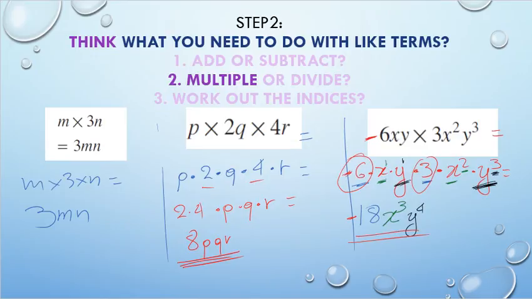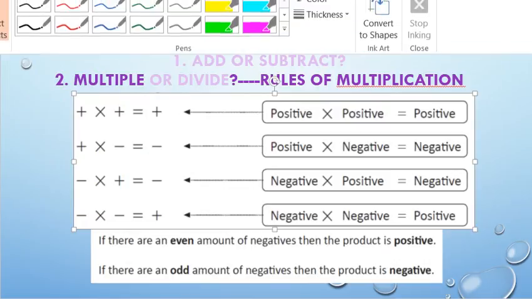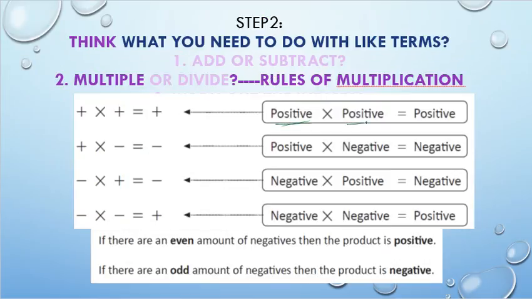The multiplication rules we have learned last year, and which are these? When they are the same, positive and positive, or negative and negative, I always have a positive sign. And when they are different, I have a negative, always negative sign. Okay, I want you to remember that.